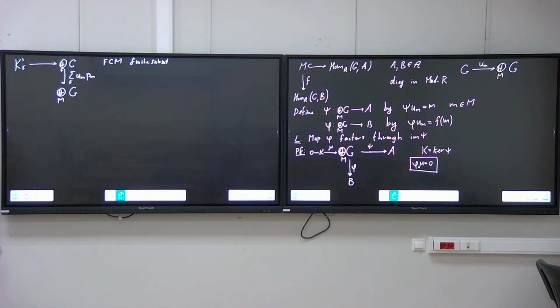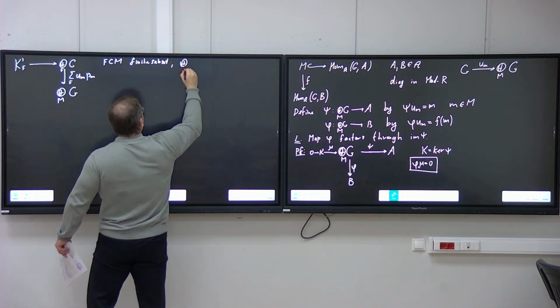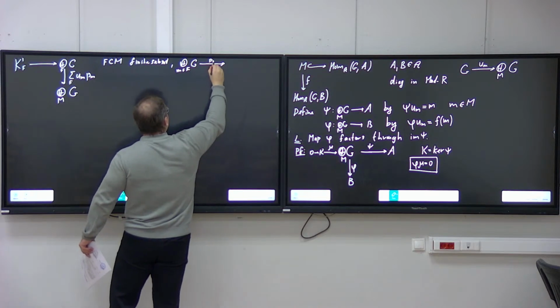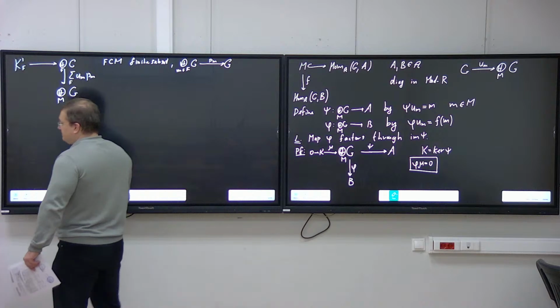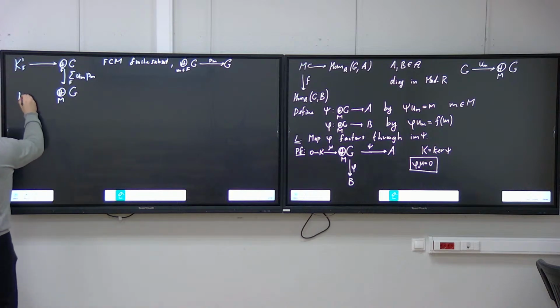So this PM is just the direct sum: M is in the F of the G, and then there is a projection PM to the G. What is K sub F prime? I'm trying to define this. I want to say that this is a pullback, and I'm drawing a diagram, so I'm going to need to specify one more map, an object. So here, the object is just the kernel, and the map is, of course, mu.